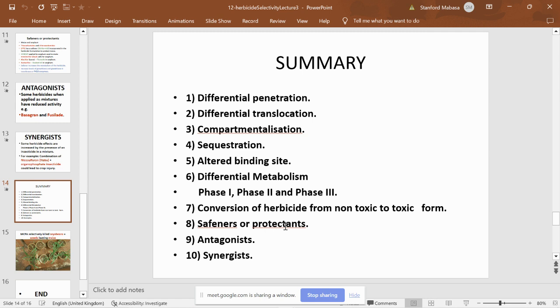For example, if nicosulfuron is mixed with an organophosphate, or probably the tank was not thoroughly cleaned, you may end up killing your crops. So this is it on selectivity, and we wanted to talk a bit about atrazine. So I'll stop here on selectivity.